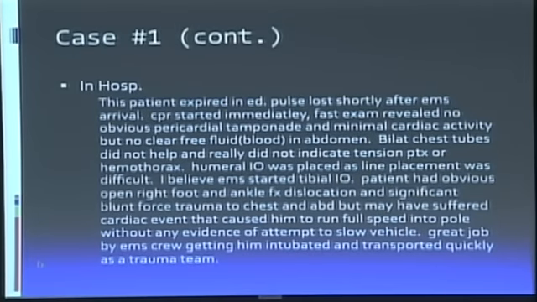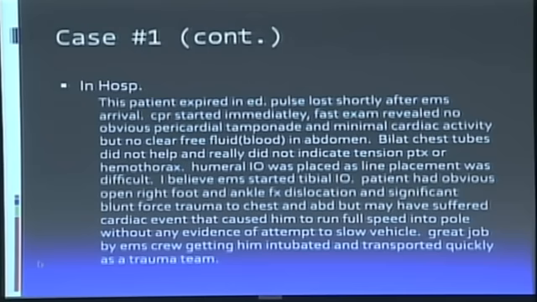Unfortunately, this patient expired in the ED, and his pulse was lost shortly after arrival. CPR was started immediately, although this was technically a blunt trauma arrest. A FAST exam. FAST exam is basically our focused assessment with sonography in trauma evaluation.